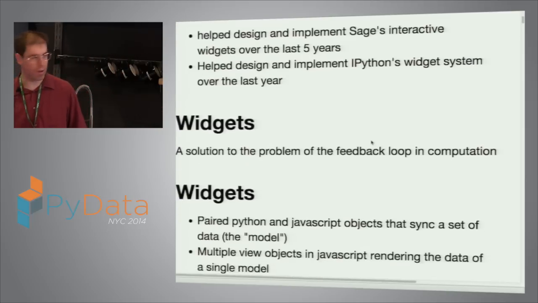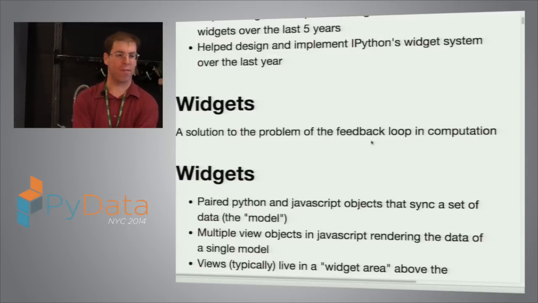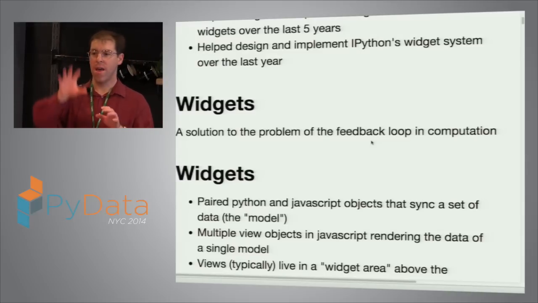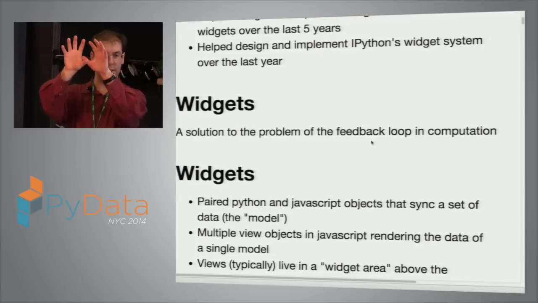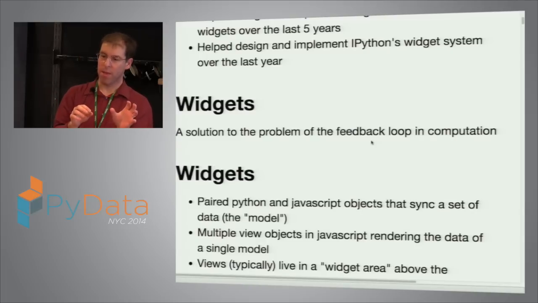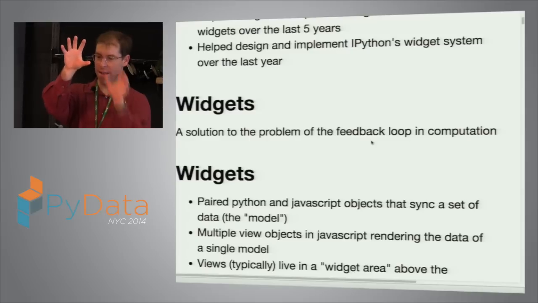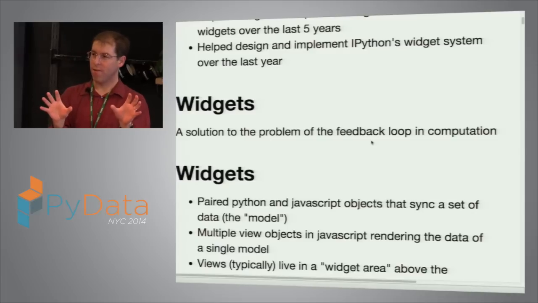So the idea behind widgets is we want to solve this problem of the feedback loop in computation. Typically in computation, we design or model a real-world phenomenon of some kind, and then we program up this model, and then we run the model and have some results, and then we realize our results aren't exactly what the real world was, so we change our model, and then we program it up, and then we visualize the results somehow or look at the results somehow.